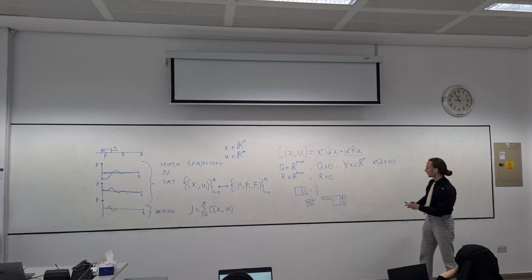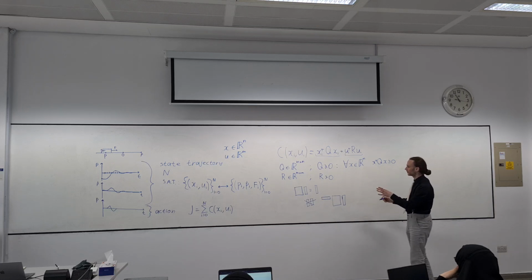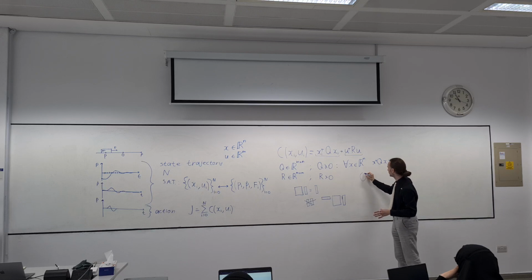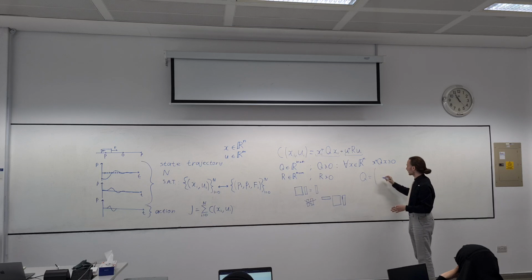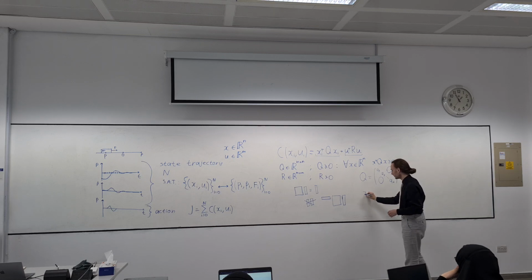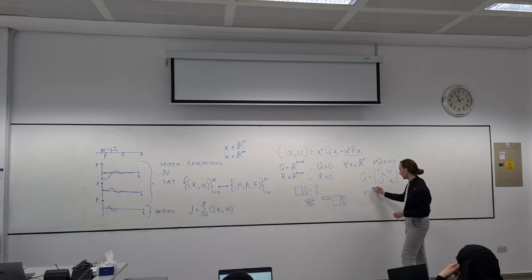The simplest case of these matrices is them being diagonal. So we can set the weights something like this, with zeros everywhere else. And in such a case, this multiplication will give us the following.